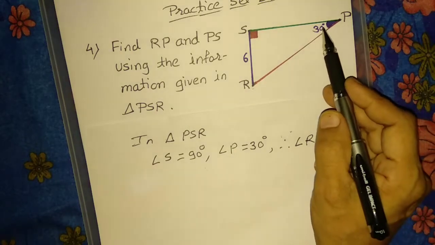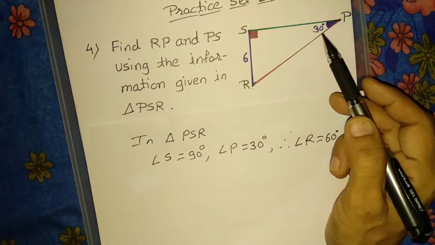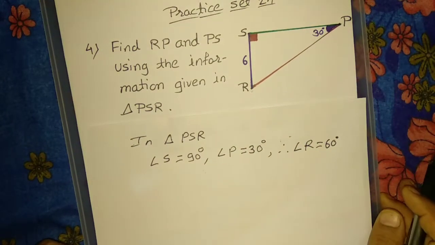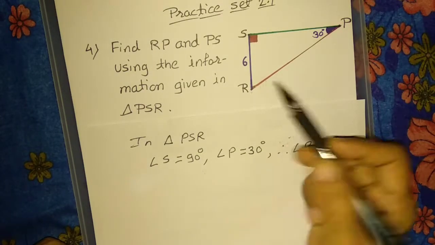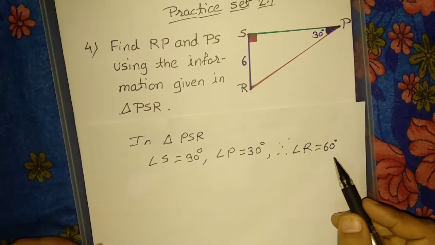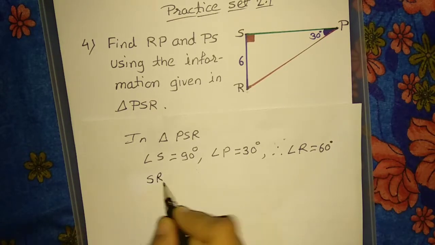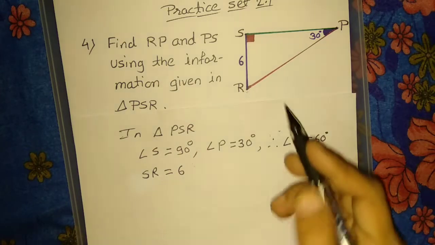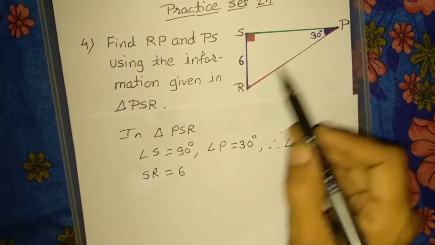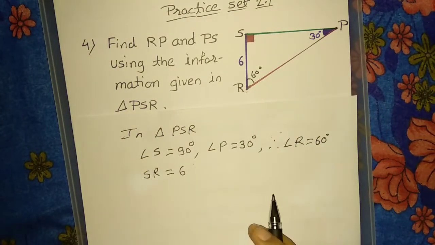We know addition of three angles of triangle is 180 degree. Therefore, the remaining angle of this triangle should be of 60 degree, and SR is given 6. So this is triangle of 30, 60 and 90 degree.